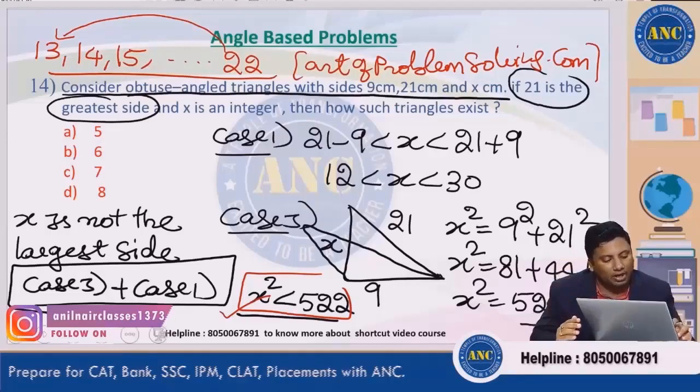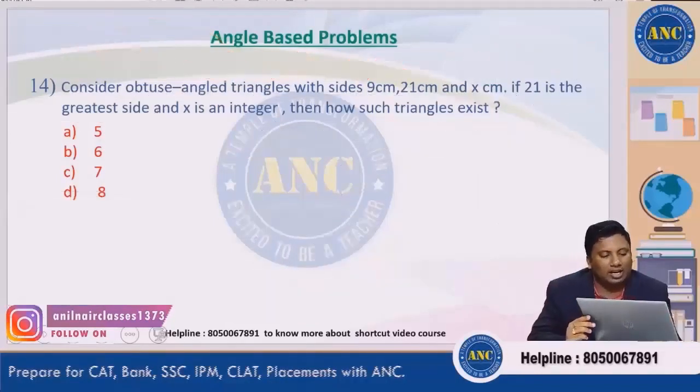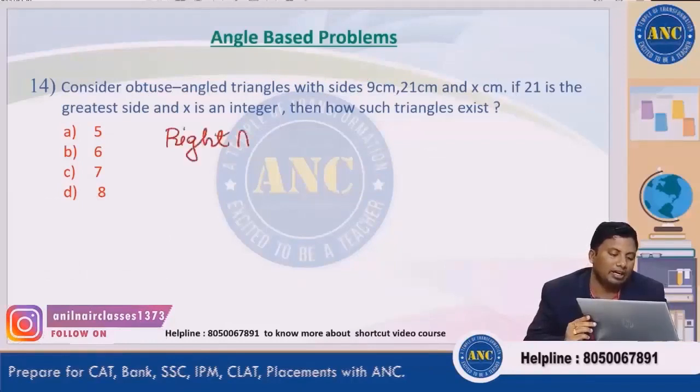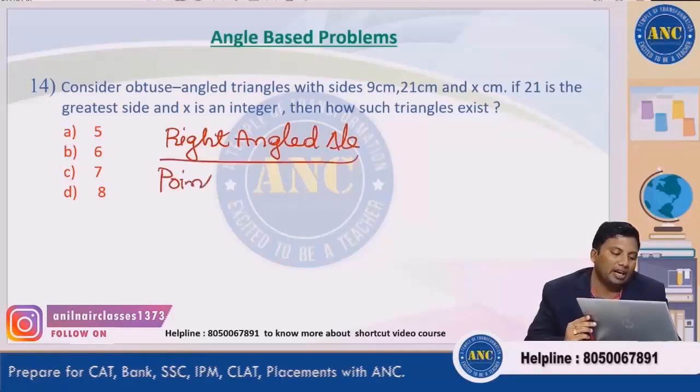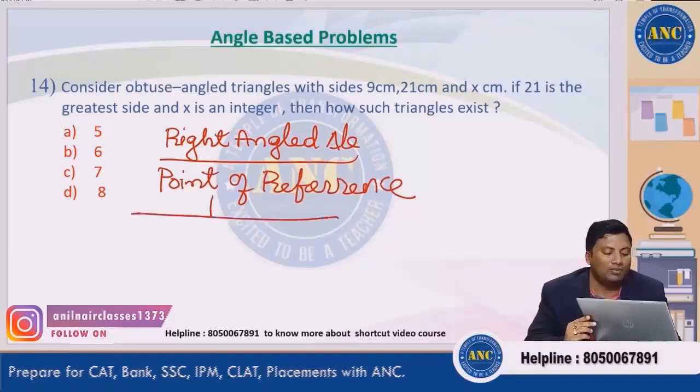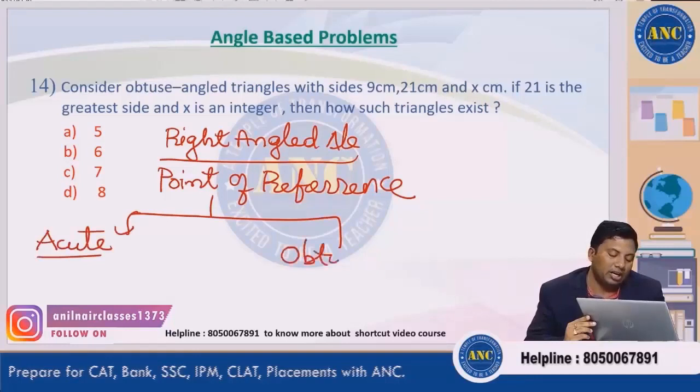I think one important key point, please write down here. Taking the right angled triangle as a point of reference, what will happen in two cases, in an acute angled triangle and in an obtuse angled triangle?